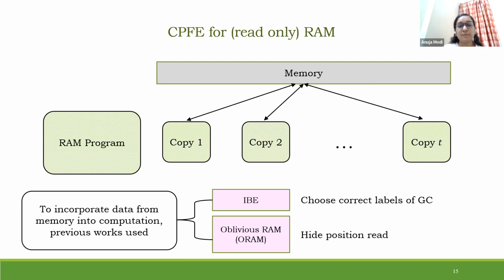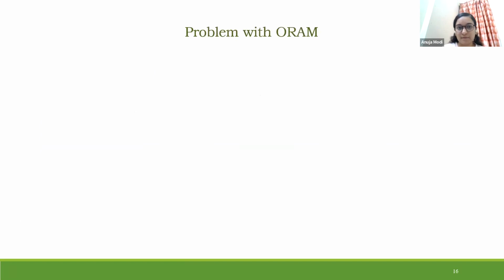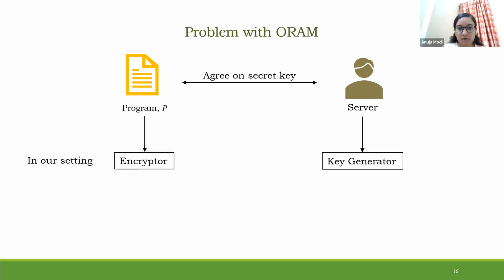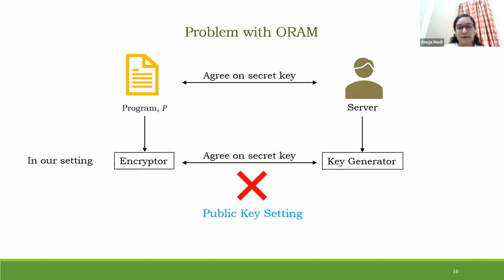But the problem with oblivious RAM is that we have a program and a server, and they need to agree on a secret key. In our setting, it means that the program corresponds to the encryptor and the server corresponds to the key generator. So it means that the encryptor and key generator should agree on a secret key. But this is not possible because we are in a public key setting.